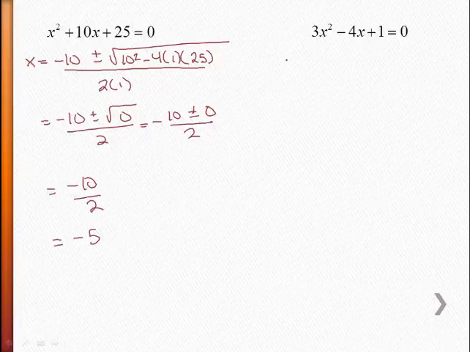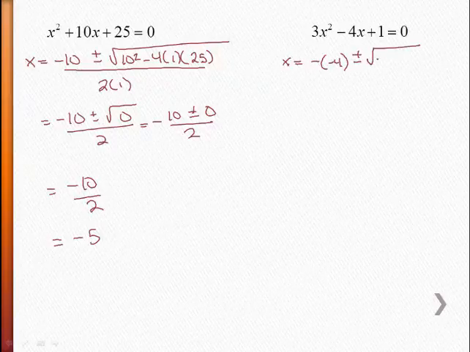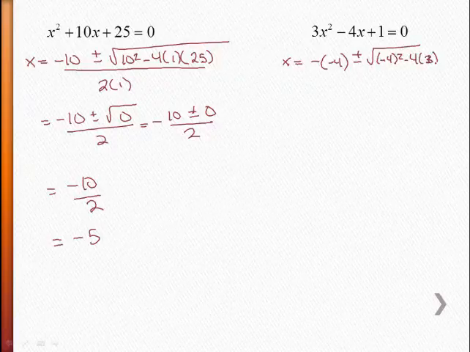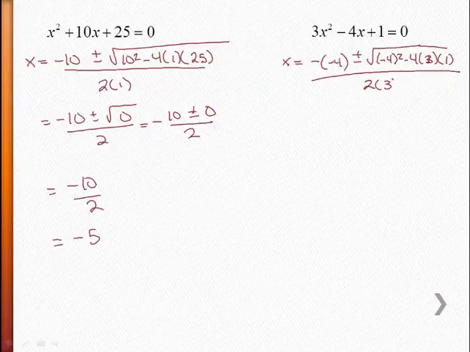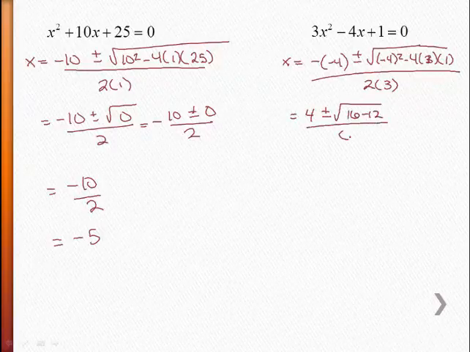And here's our last problem. Negative b, so I have a negative negative. B squared minus 4 times a times c over 2 times a. That gives me positive 4 plus or minus the square root of 16 minus 12 over 6.